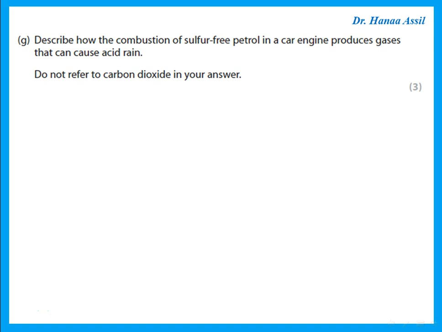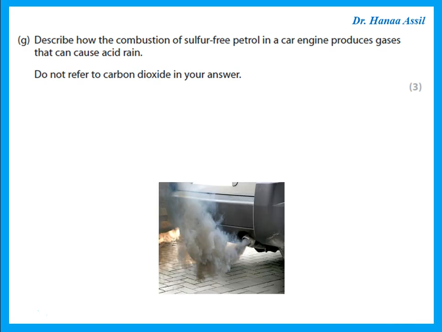You should remember the other cause of acid rain is oxides of nitrogen. Now, oxides of nitrogen come out of car exhausts, and these dissolve in rainwater to form acid rain. Now, how are oxides of nitrogen produced in the engine?